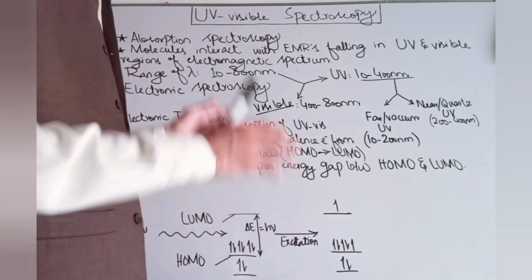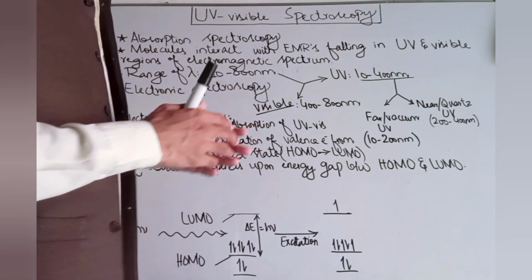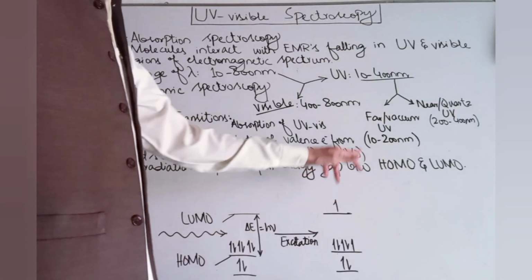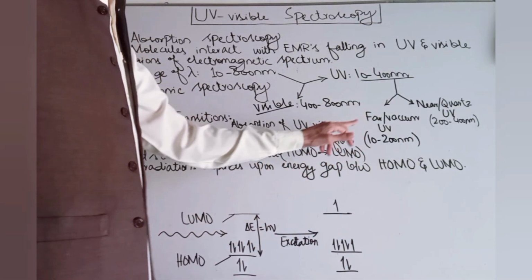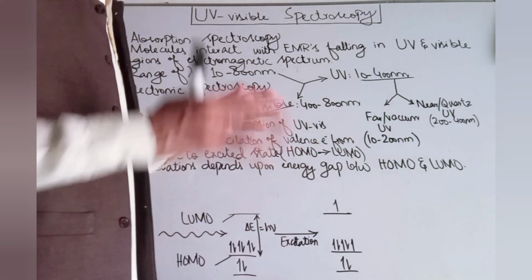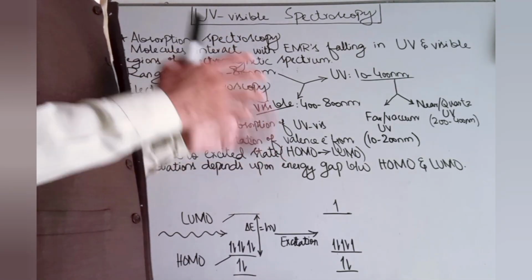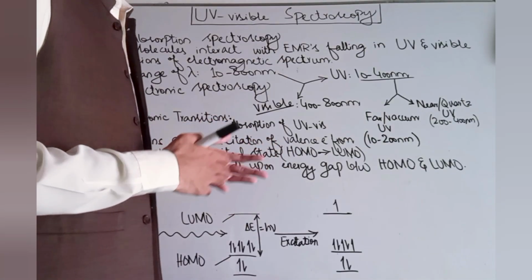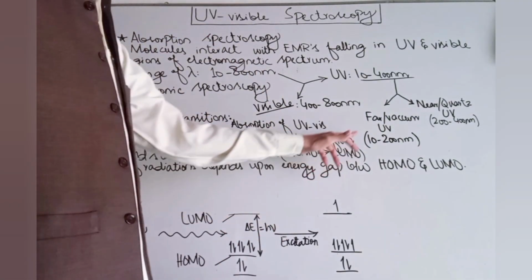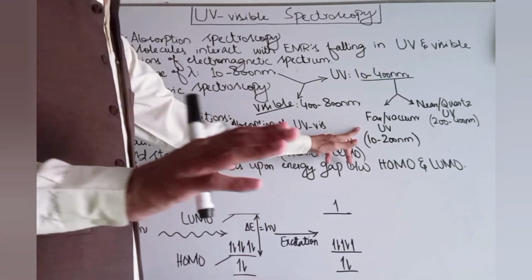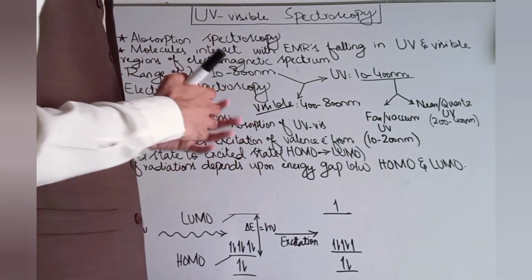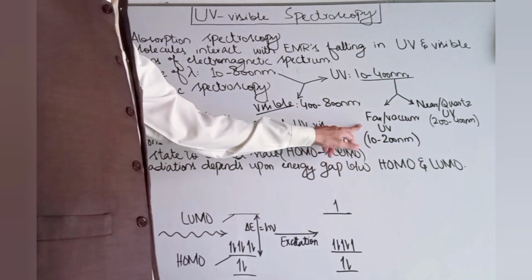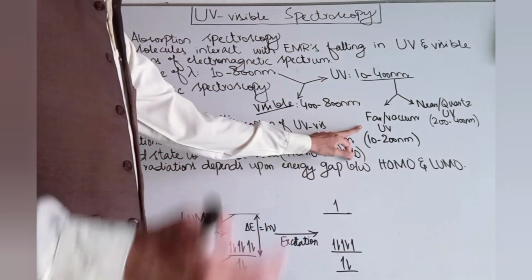In this region, the wavelength of radiations is very small and the energies are very large, and it's known as the vacuum UV region because whenever we use radiations of these wavelengths, we have to evacuate the system, because in these regions the atmospheric gases like nitrogen and oxygen start absorption. So that is not desired. In order to remove the undesired absorptions, the whole region should be evacuated. That's why it's known as the vacuum UV region.